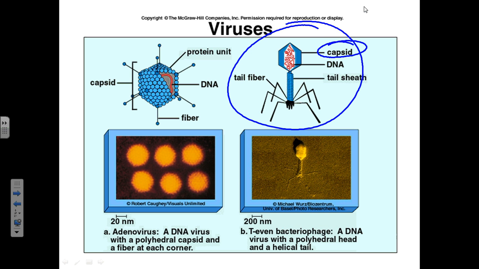And then pretty much the rest of it is the genetic information inside. And remember that with viruses, it's either DNA or RNA, not both. Our cells have both. The viruses either are DNA viruses or they're RNA viruses. And which of those two is going to be the most stable and least mutating? The DNA, for sure.